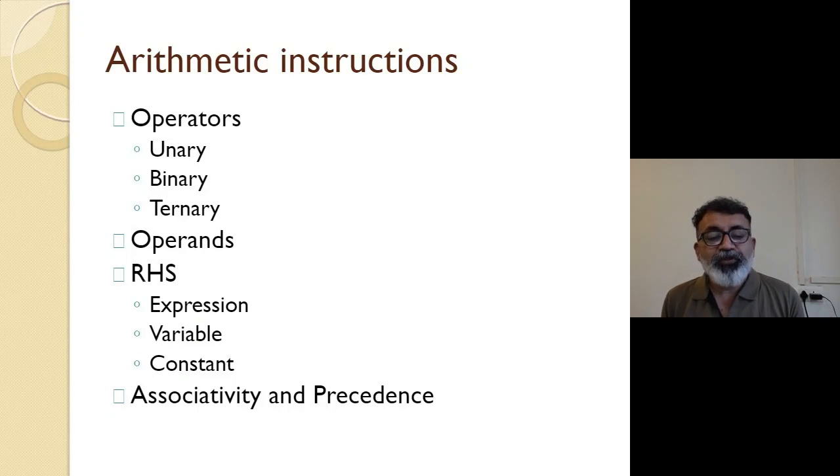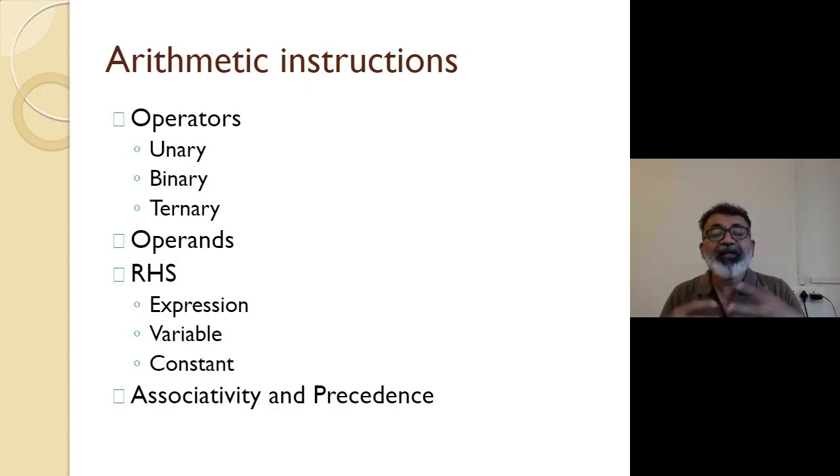Now, associativity and precedence. Almost all of you have made mistakes here, so I'll explain that while writing a program. Associativity is whether a particular expression is solved from left to right or right to left.